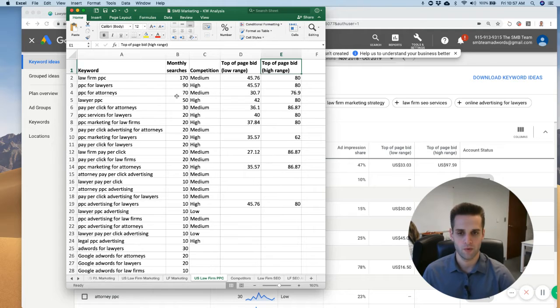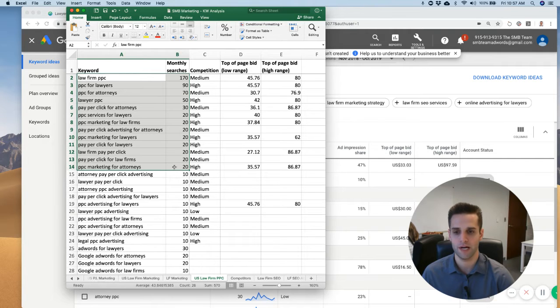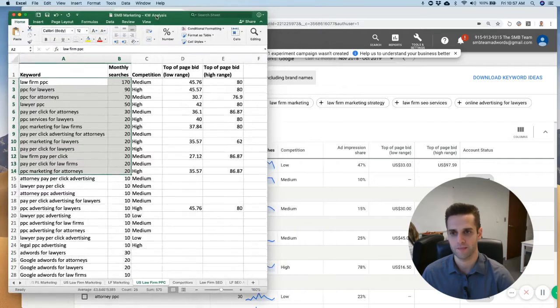Okay, so then we sort them. Now this sheet was made a while ago, so the data is different, but we sort them by monthly searches, right? And then we know what our highest traffic keywords are. So usually I'm just going to make sure that all the keywords that are 20 and above are present on our landing or on our service page on our website.